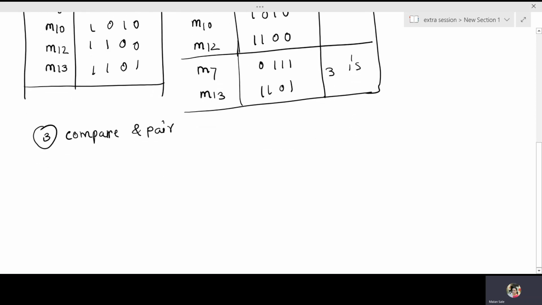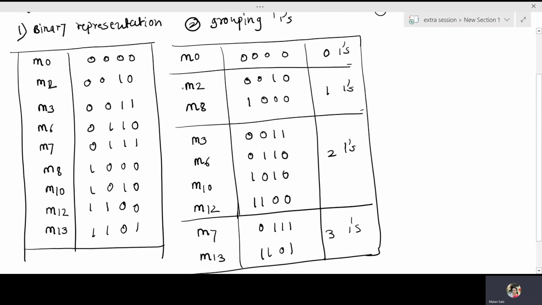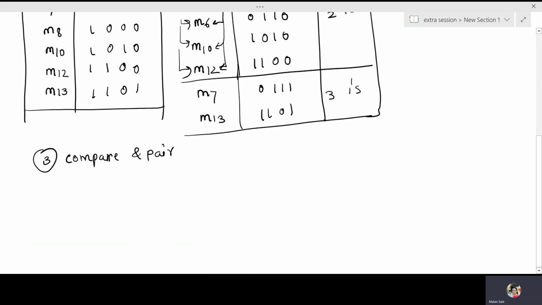Now after making comparison of each minterm in each group with the next higher group, M8 will be compared with M3, M7, M8 and M12. We'll get the groupings like this.